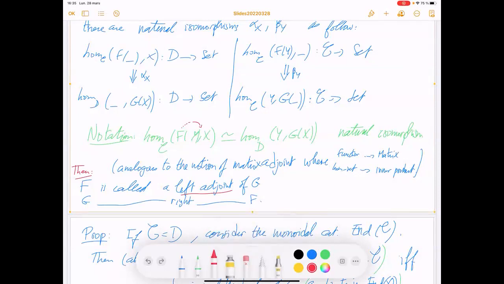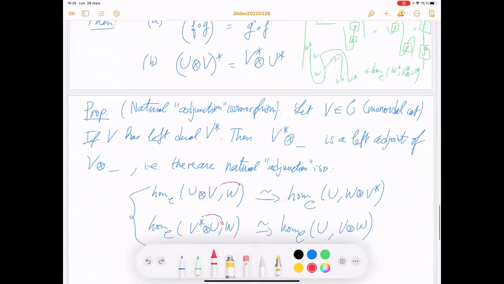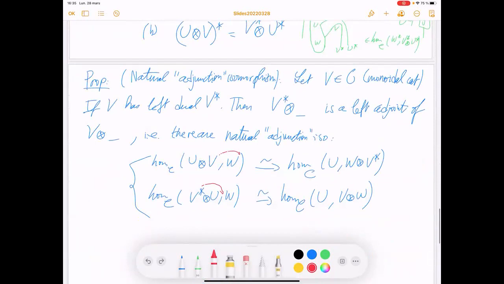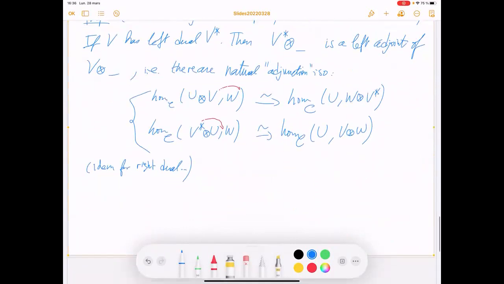This is in that sense the sense of natural adjunction isomorphism. Okay, and you have the same for right dual.